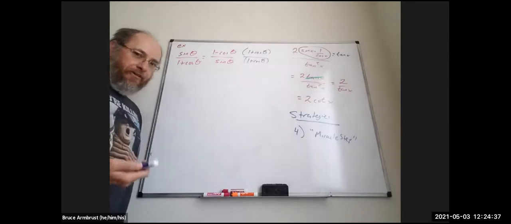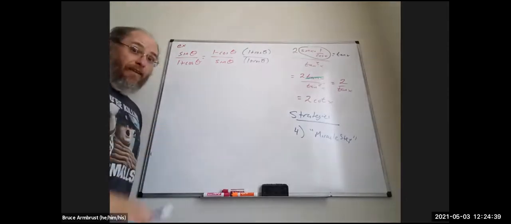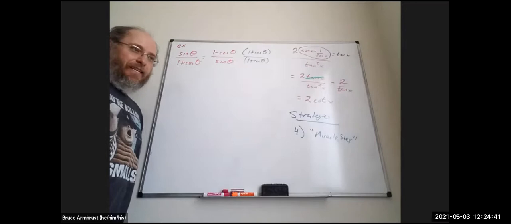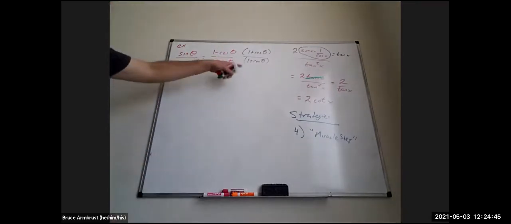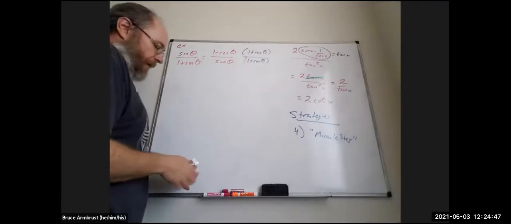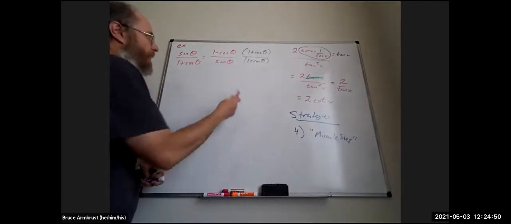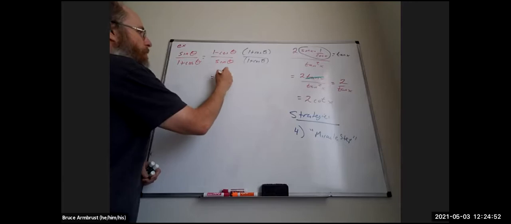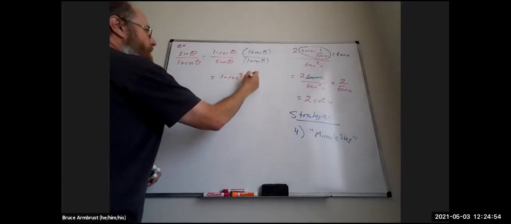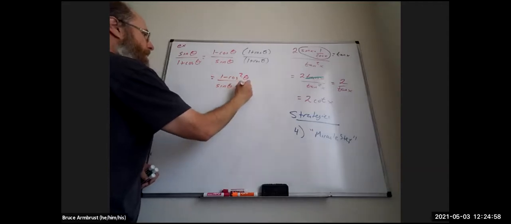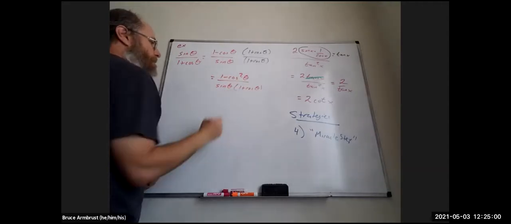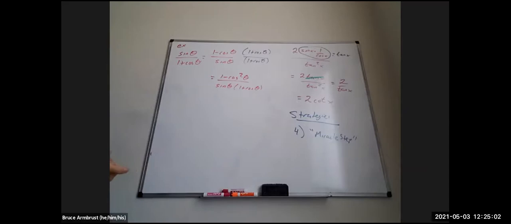First, let's just run with it so you can see that it is going to work. Let's distribute on top. On the top, I'm going to get 1 minus cosine squared because it's a difference of squares. And on the bottom, I'm not going to multiply it out. I'm just going to leave it as sine times 1 plus cosine.